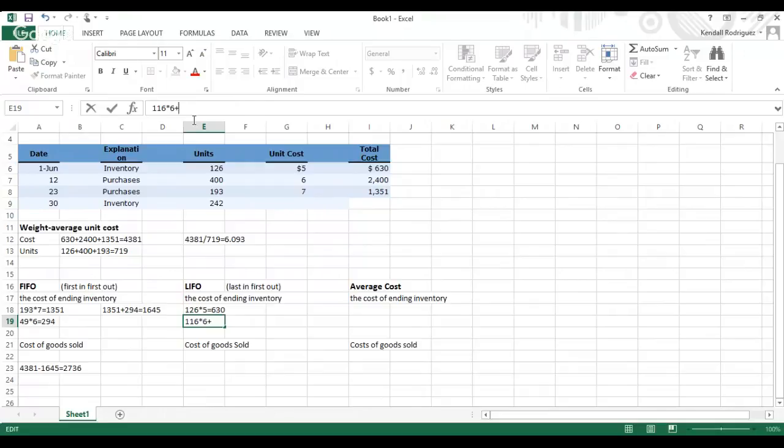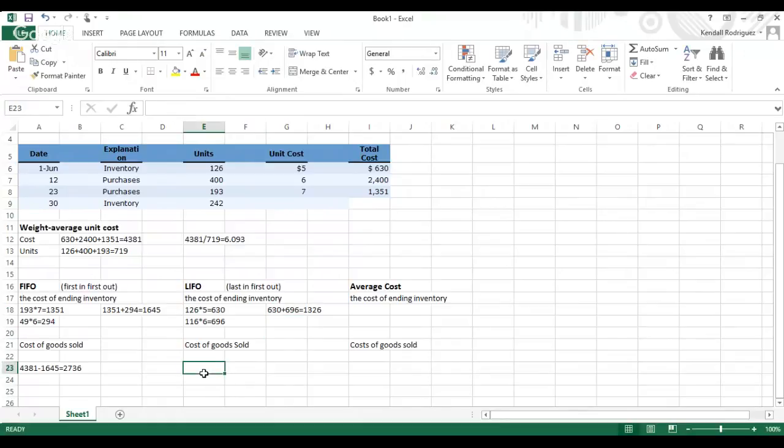When you multiply those out, you're going to get 696. So just like the first in, first out, we're going to add those two up. 630 plus 696. And when you add those two up, you get 1,326. And so that is the cost of the ending inventory from what was left.